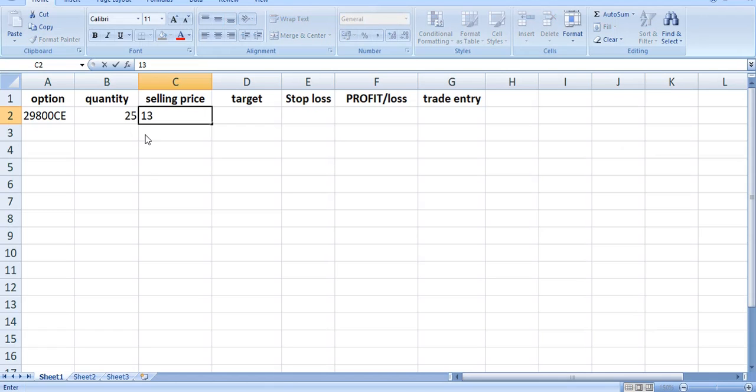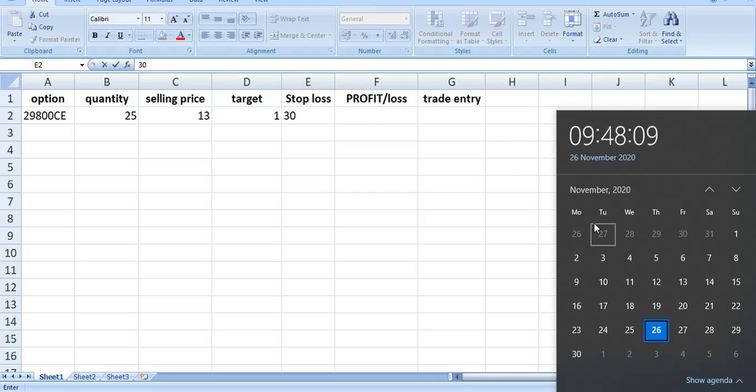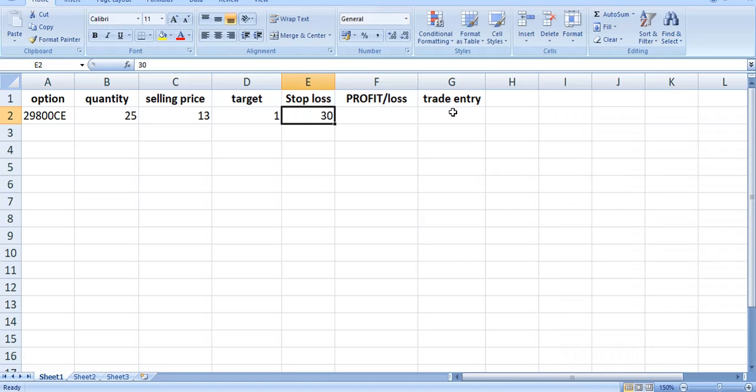Our target will be 1 rupee, with a stop loss of 30 rupees. Now let's mark our trading entry time as 9:48 AM. We have taken our trade in the 29,800 call.